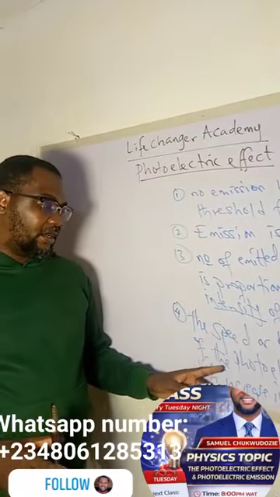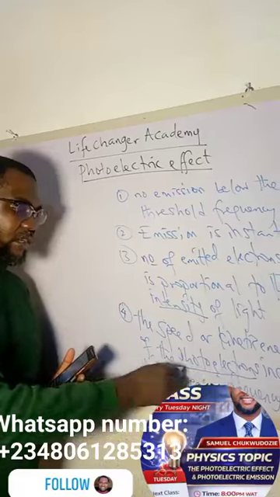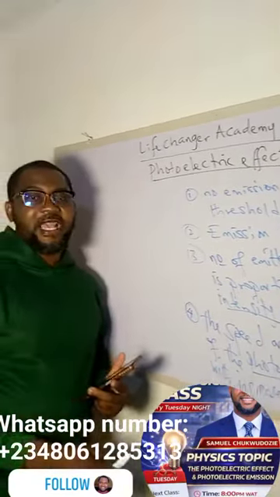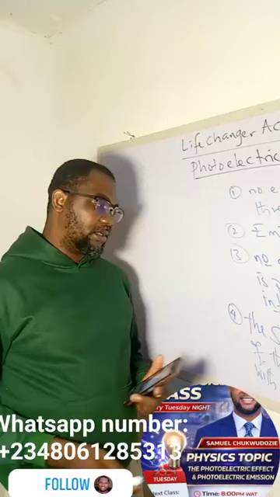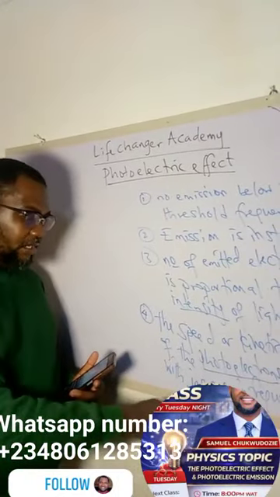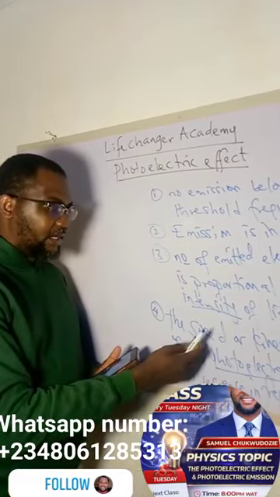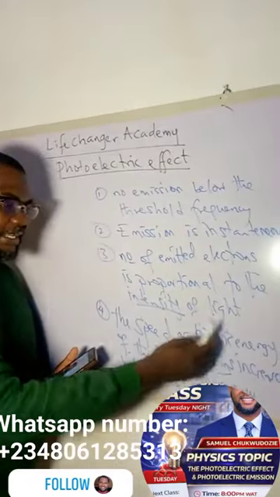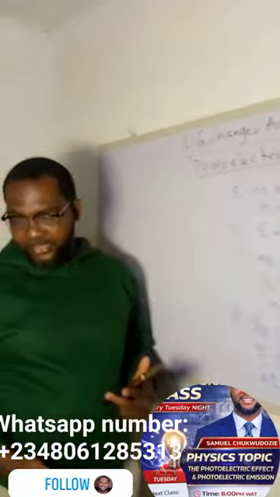Any electron that is emitted because of photoelectric effect is called a photoelectron, so you will hear me say photoelectrons. The speed or kinetic energy of the photoelectrons increases with increase in frequency. That means they are proportional. So the higher the frequency, the higher the speed of electrons, or you can say the higher the frequency, the higher the kinetic energy of electrons. I hope that makes sense.